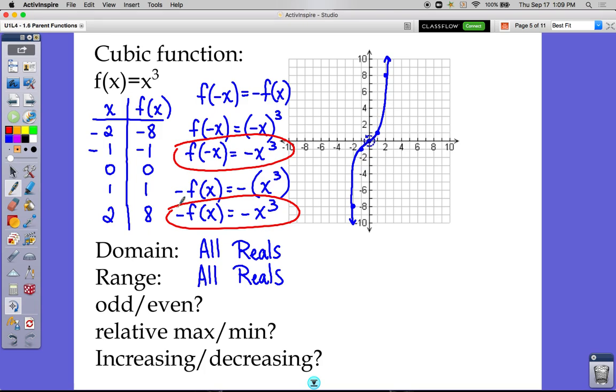That tells me that this is an odd function. Relative max or min, neither one. It is always changing, and that change is always increasing, from the interval of -infinity to +infinity.